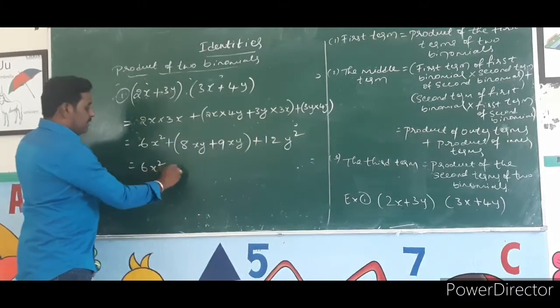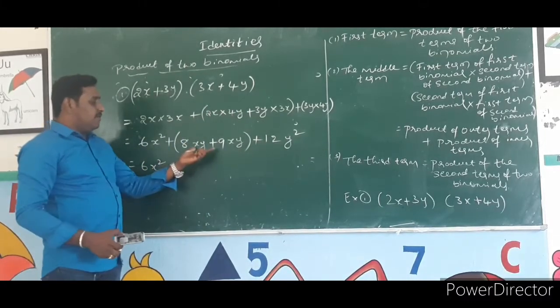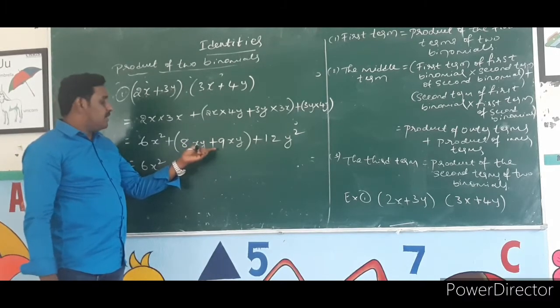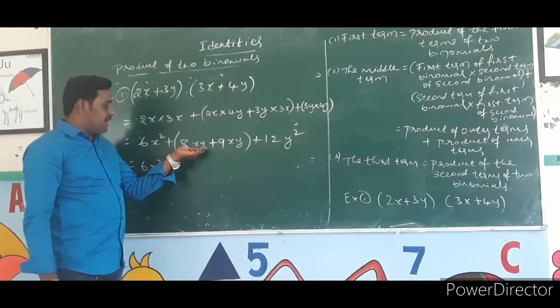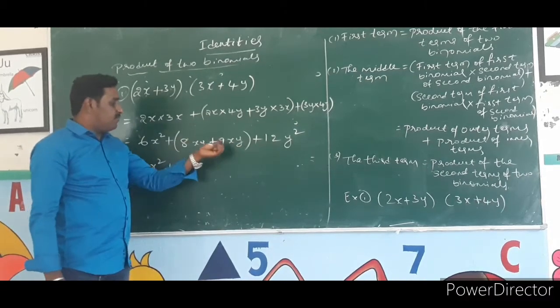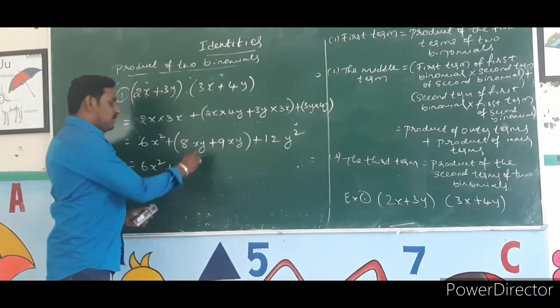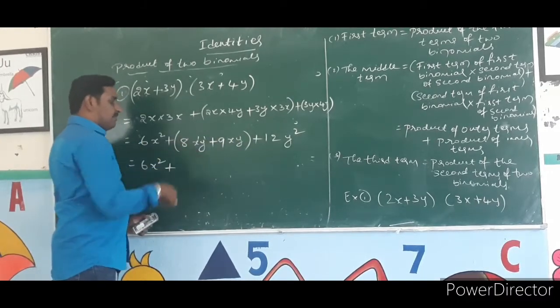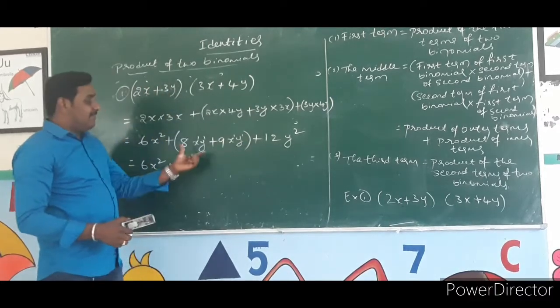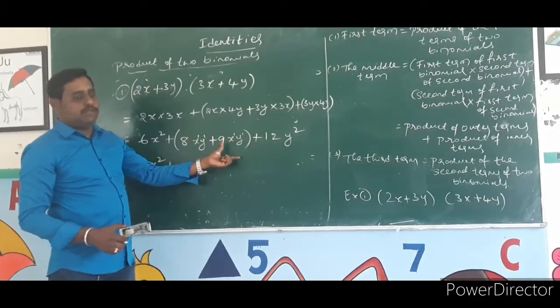6x square, plus, look here, while we are adding the algebraic expressions, look at the variables. Here xy is there, here also xy is there. The powers of x and y are both the same, because here x to the power of 1, y to the power of 1, x to the power of 1, y to the power of 1. Then we can easily add these two algebraic expressions.